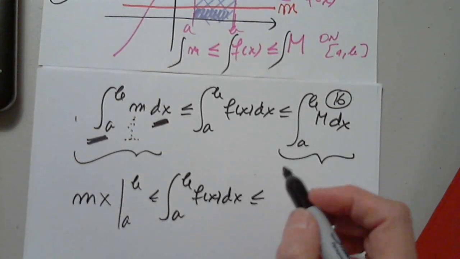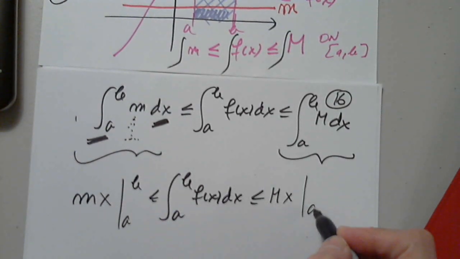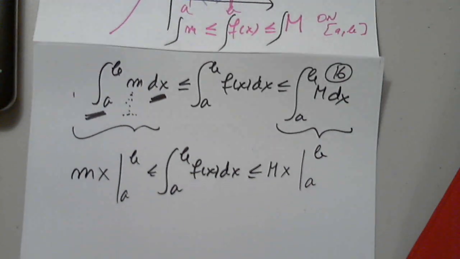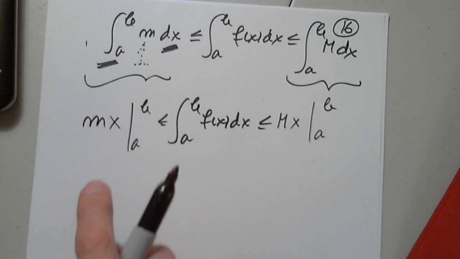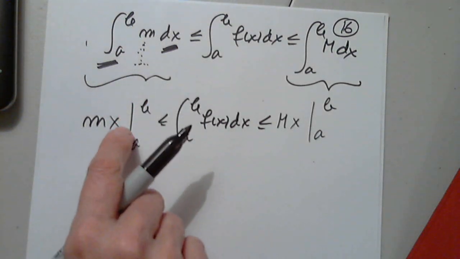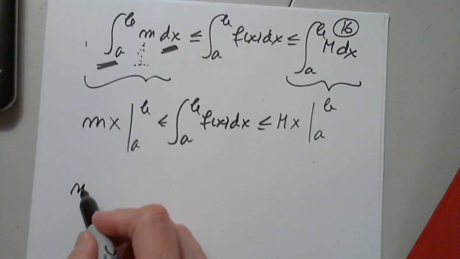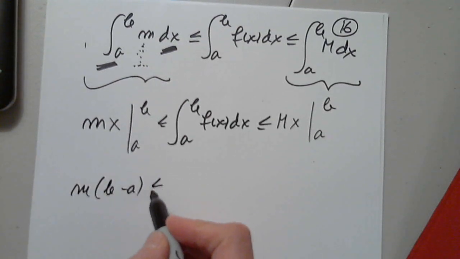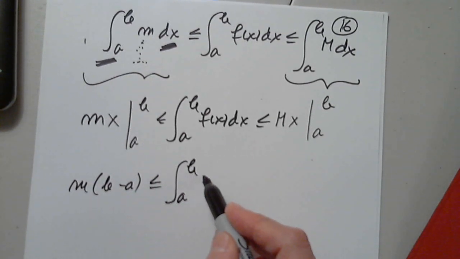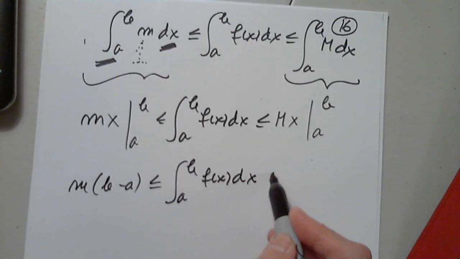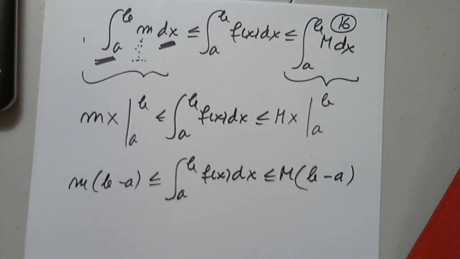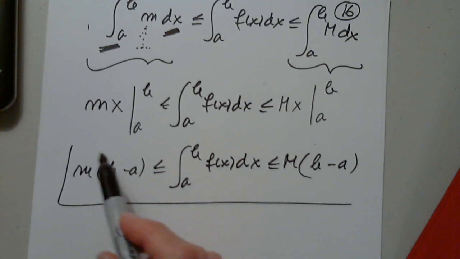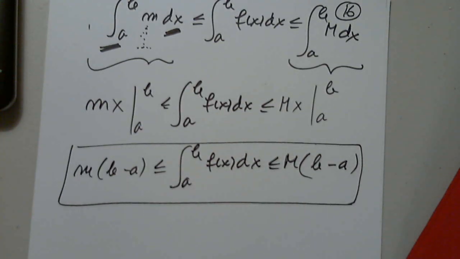The same way, M x from a to b. Finally, here, I plug in b and I subtract when I plug in a. Subtract b minus a. This is, as I promised, the last property.